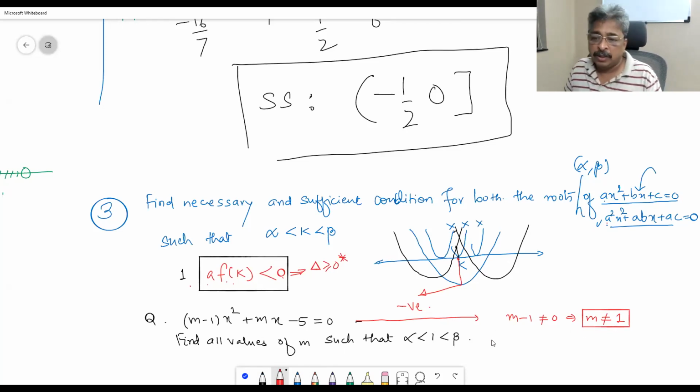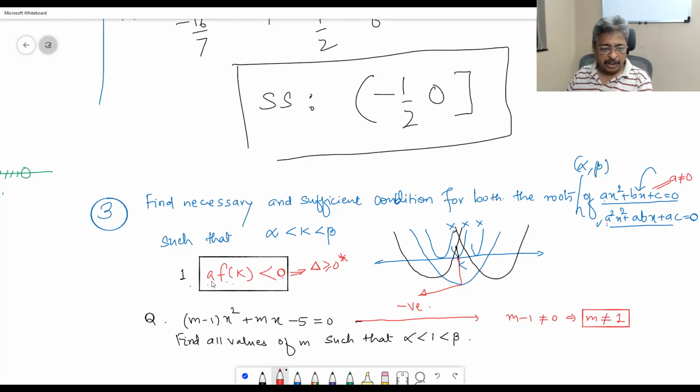If at all in the solution set you end up getting the value of m equal to 1, you should remove it because it will never be a quadratic equation in that case. The moment we write ax square plus bx plus c is equal to 0, we mean here a is not equal to 0. So this is one thing which we should remember.